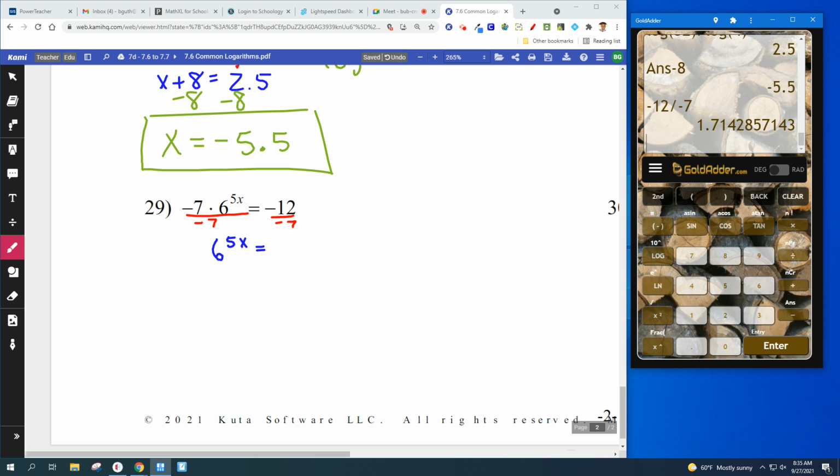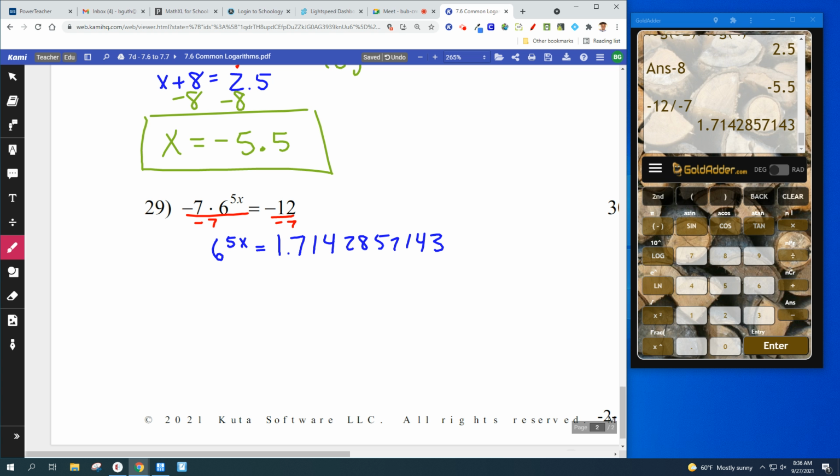So it's a really ugly decimal. I don't know that I would round off just yet. 1.71428571. When we round off, we don't really want to round off until the very end, okay?